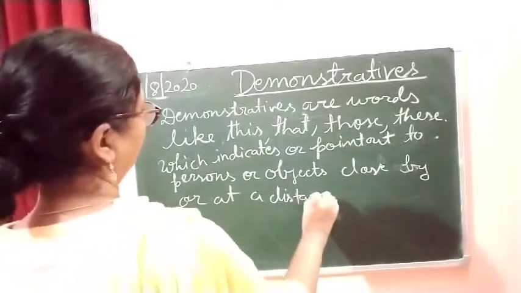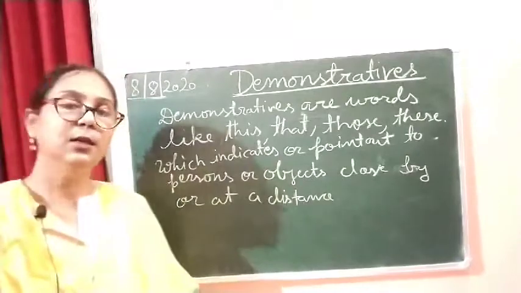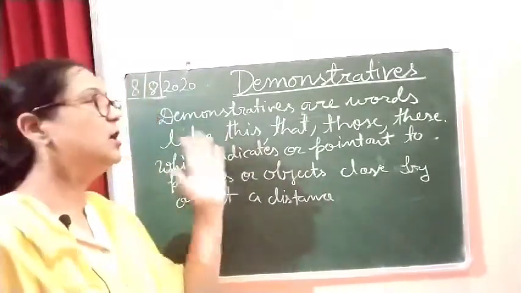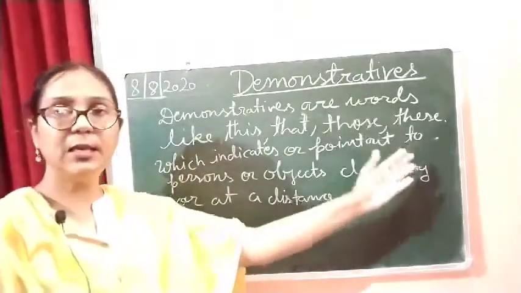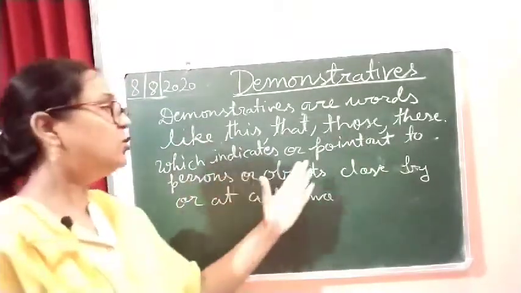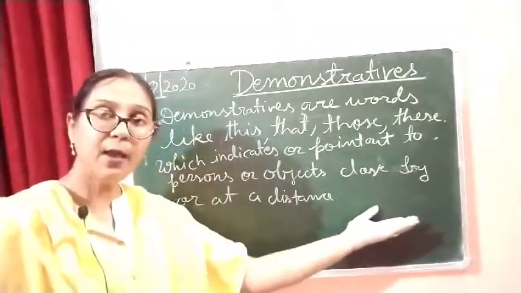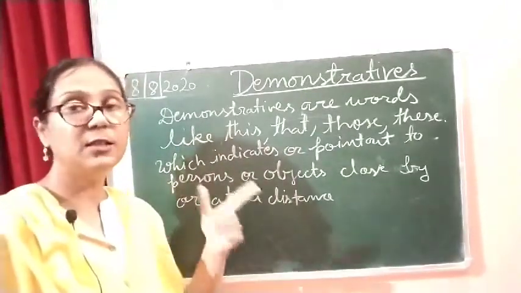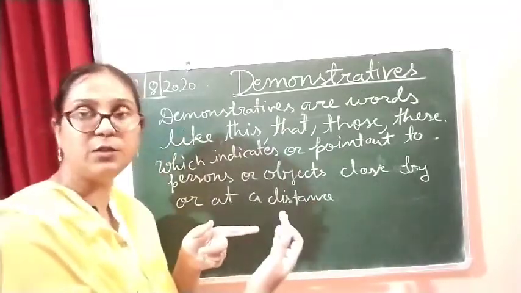So here you can see this is the use of demonstratives. Demonstratives are words like this, that, those, these, which indicate or point out to persons or objects close by or at a distance. So this we are supposed to use for the object or person which is very near to you.